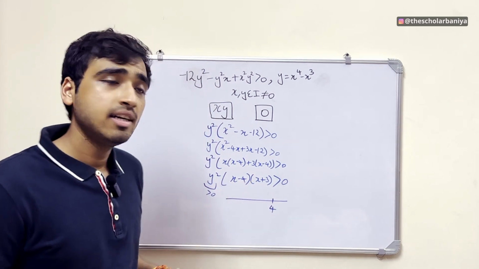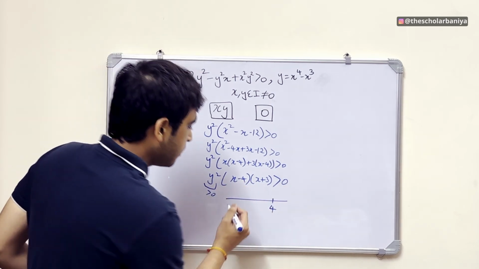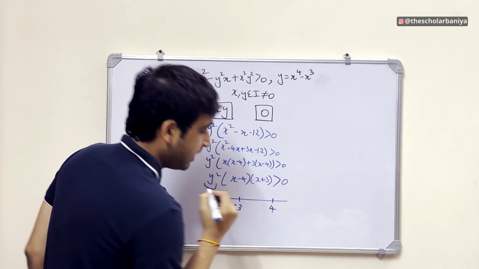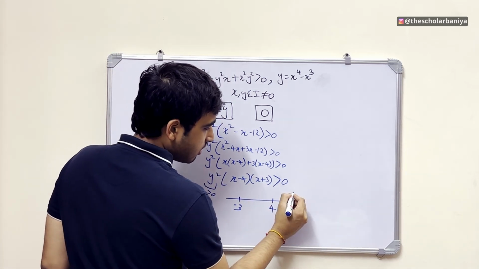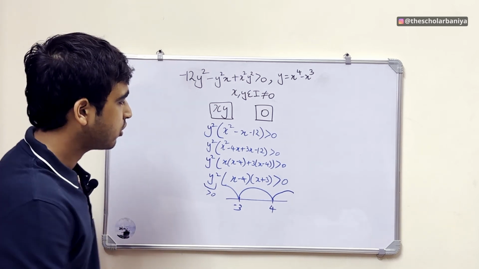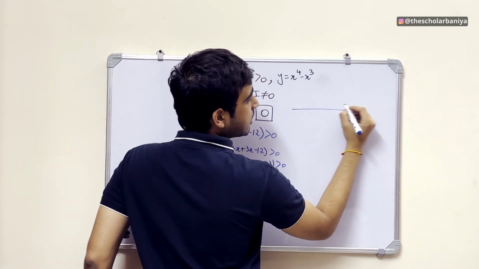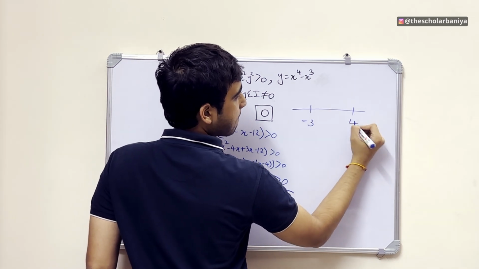If x plus 3 is equal to 0, x will be minus 3, so we write minus 3, right? Over here, this is 4 and this is minus 3, right?